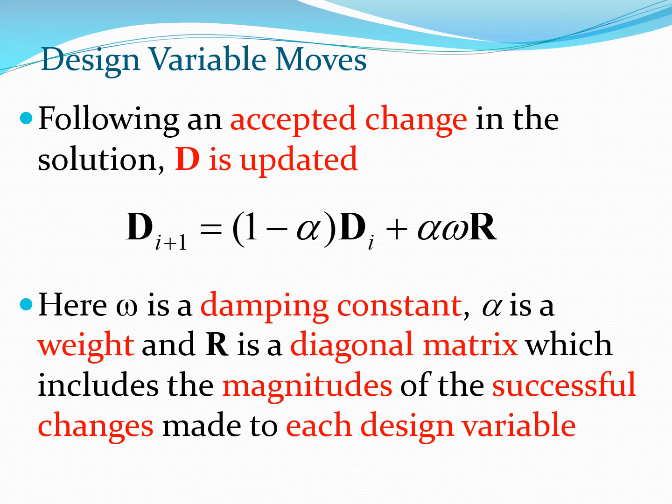So D_(i+1) is updated using this formula here, where you essentially have a weight, a damping constant, and R is a diagonal matrix, which includes the magnitudes of the successful changes made to each design variable. So this formula will make sure that the D matrix keeps changing as the design progresses.